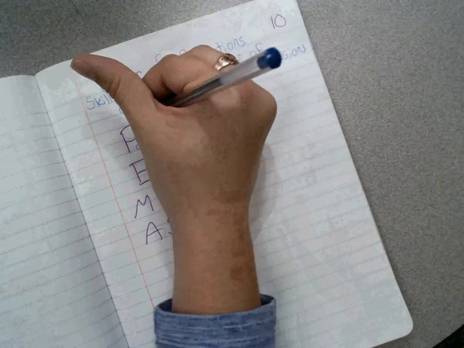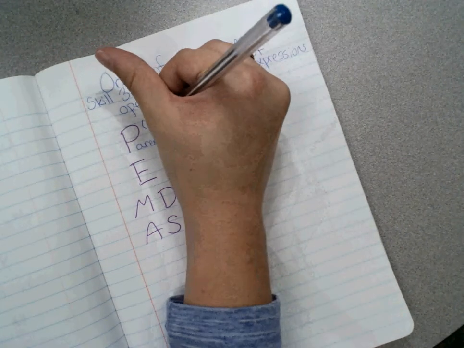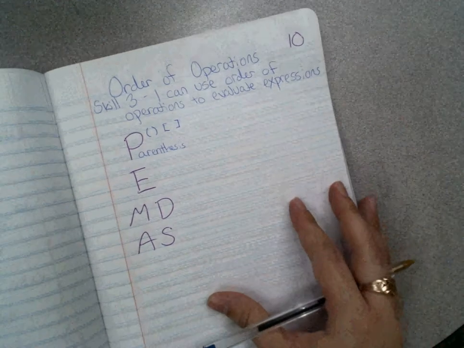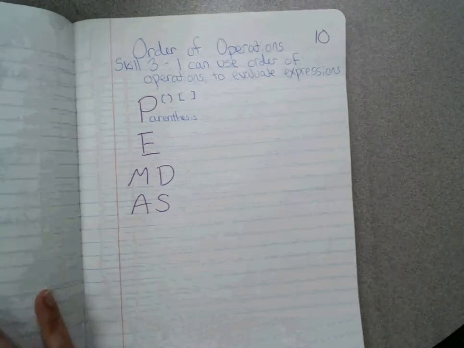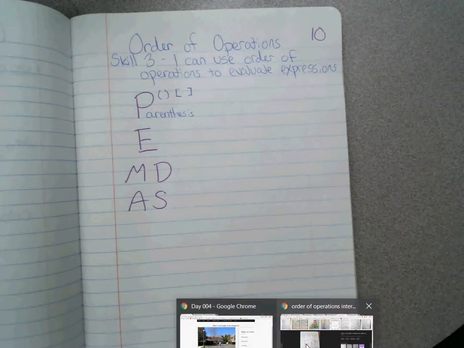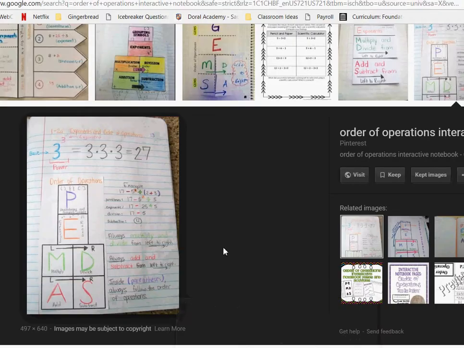That includes parentheses that look like this, and parentheses that look like this. Both of those parentheses are included. If you see those, do what's inside that first.